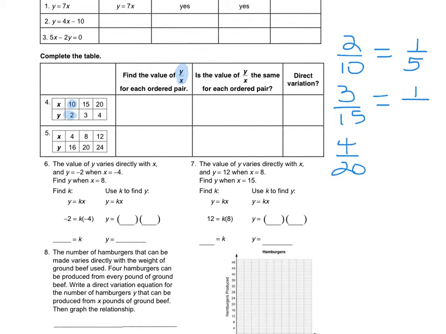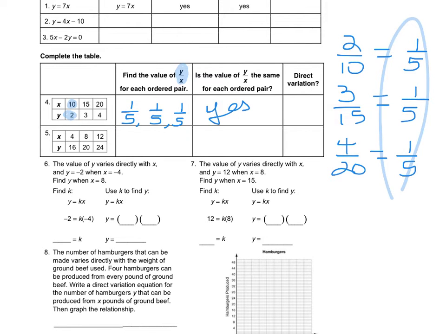Here I can divide them both by 3. And here I can divide them both by 4. Notice each time I get the number 1/5. Because it is the same, you say yes here, and then yes because I got the same number each time, I will say yes, this is a direct variation.